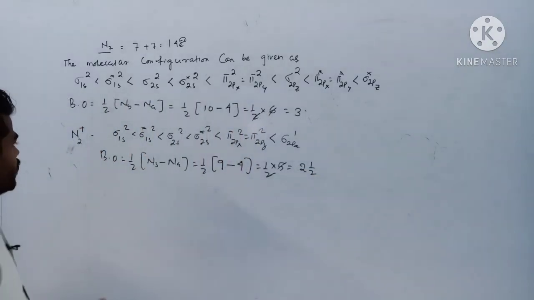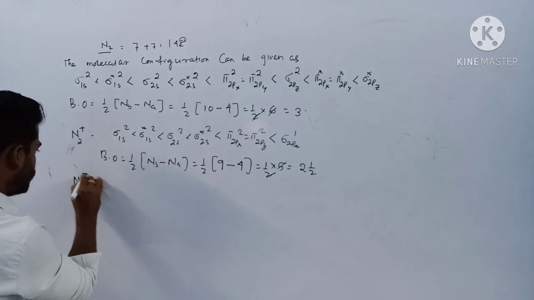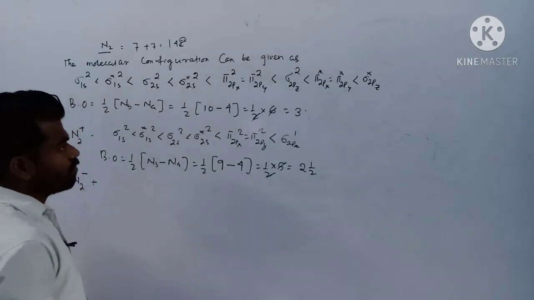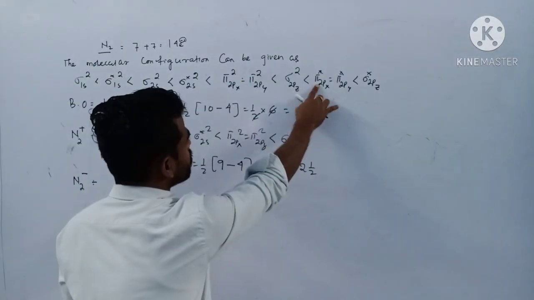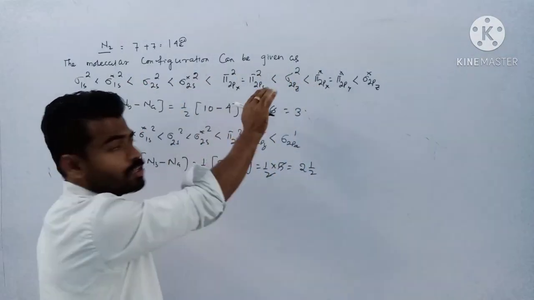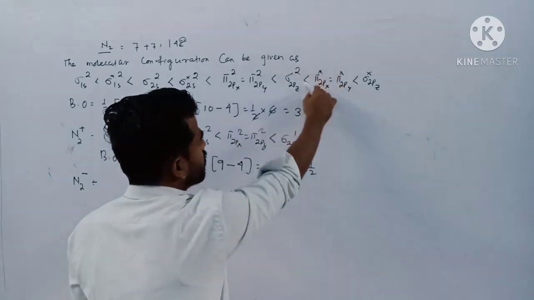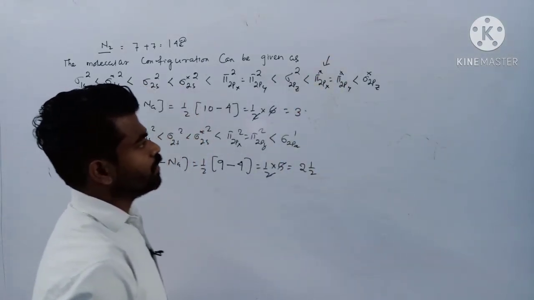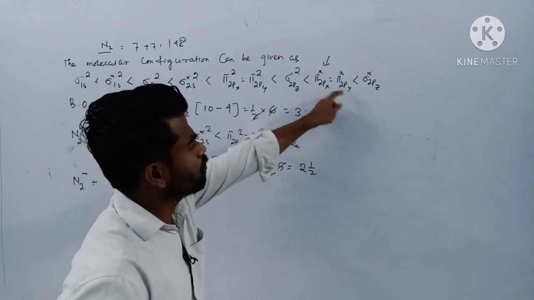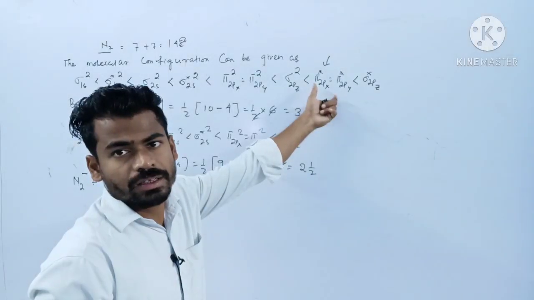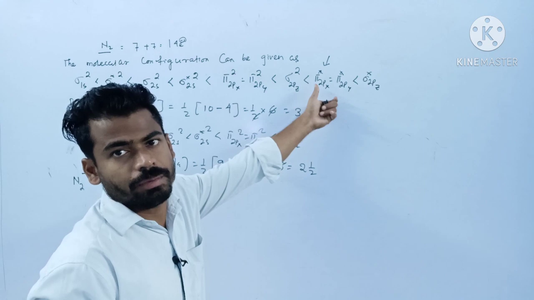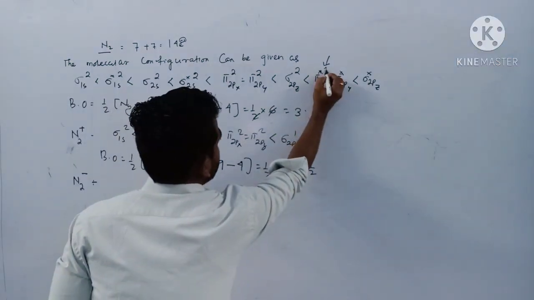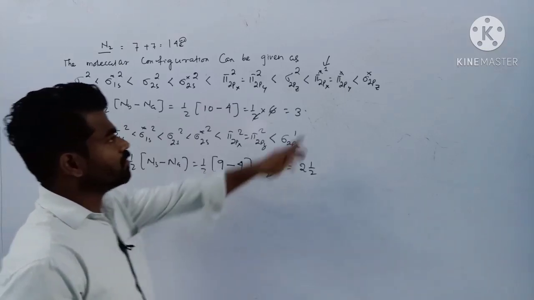Next, if I consider N2 minus, one electron is added and that electron will enter into an antibonding orbital because all the bonding ones are filled by electrons. So the extra electron is added to the antibonding orbital pi star 2px, or you may add it to pi star 2py, because energetically they are the same, degenerate orbitals. So it's very easy. If I place one electron over here, then the number of antibonding electrons becomes more.